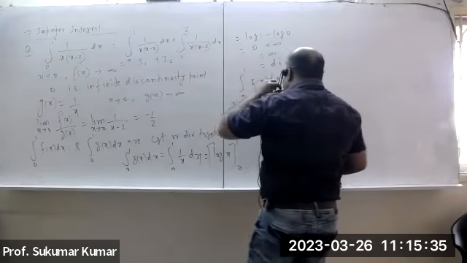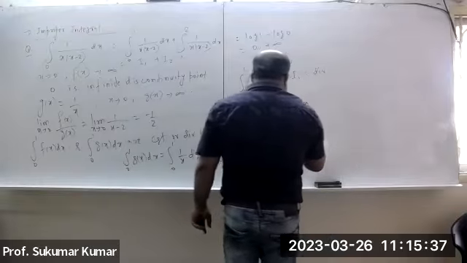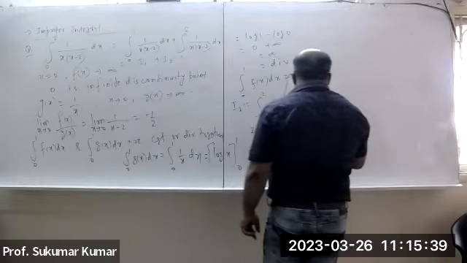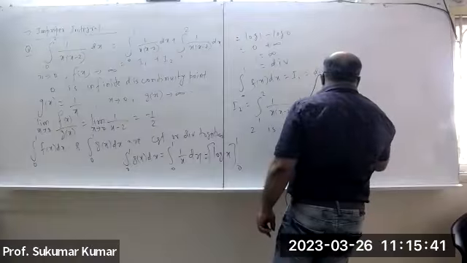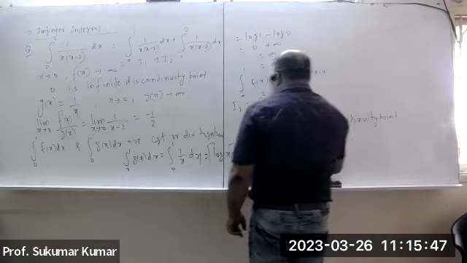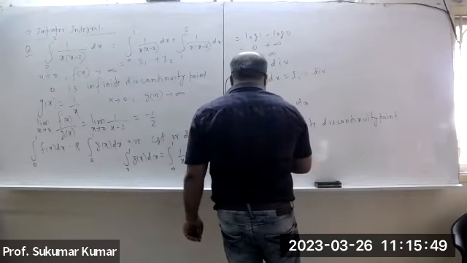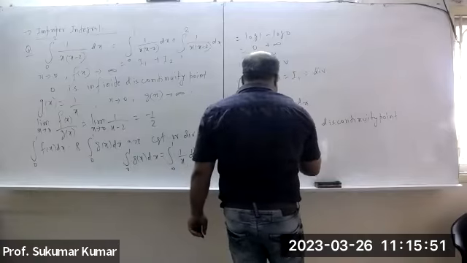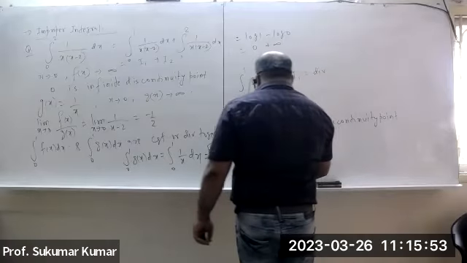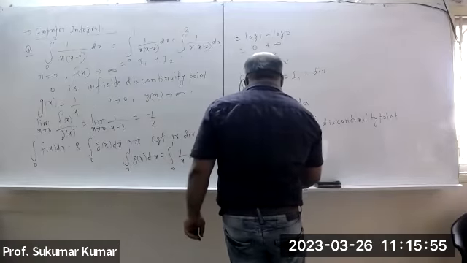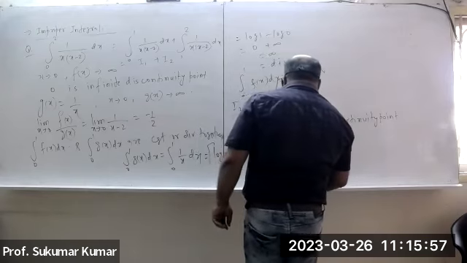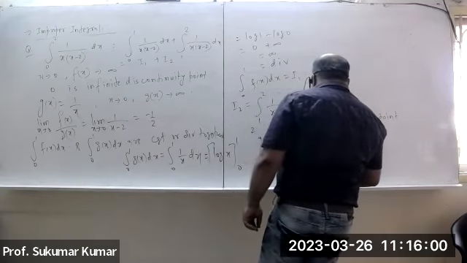Suppose I solve I2, it is the same. Here g of x will be 1 by x minus 2, same limit.